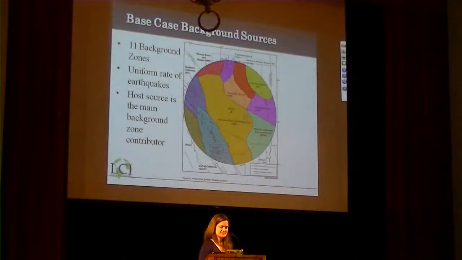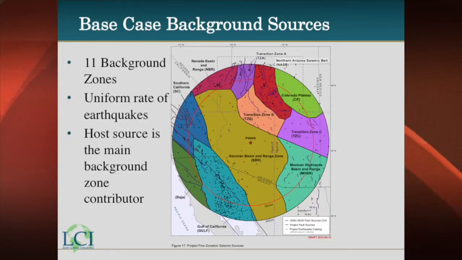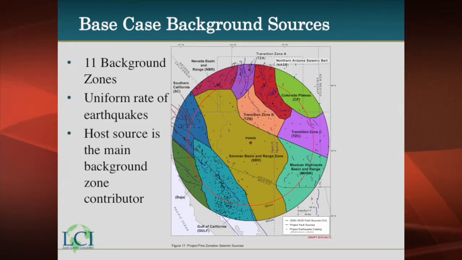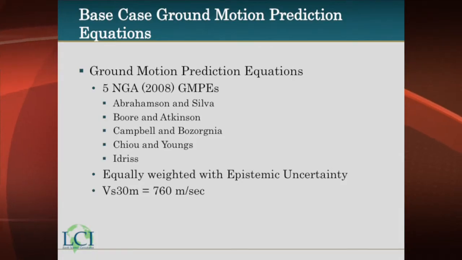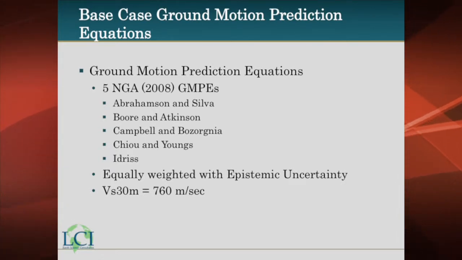For the base case, we ran those 30 faults and then all 11 background zones with uniform rate of earthquakes. And for the base case, as I mentioned, we ran the 5 NGA West 1 models. So using those 5 NGA West 1 models equally weighted, I ran the faults and the background zones, and together they made my base case hazard.